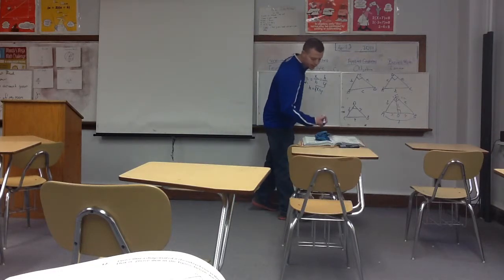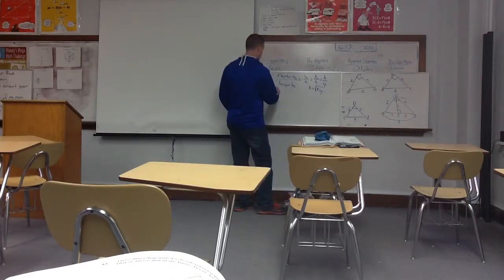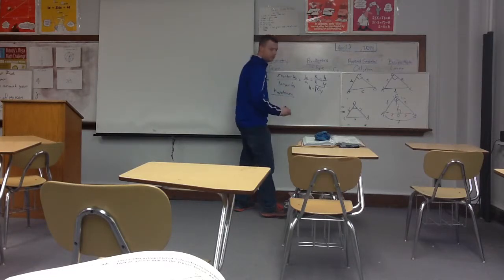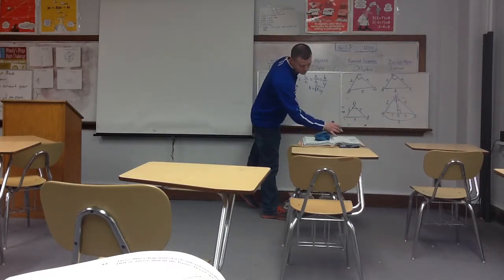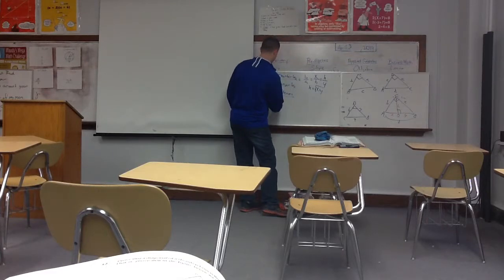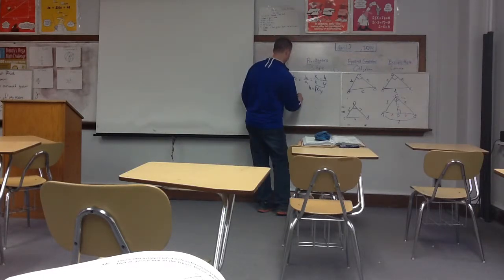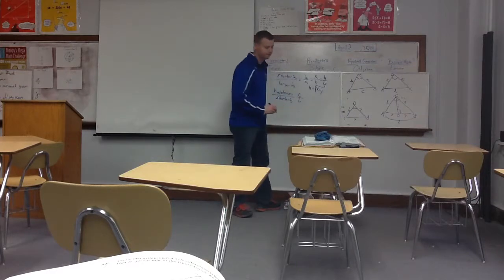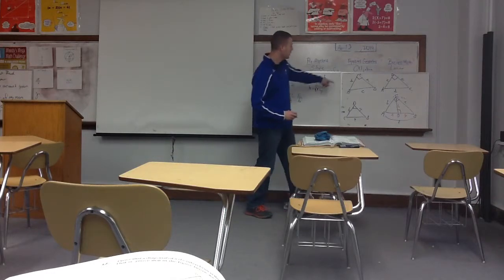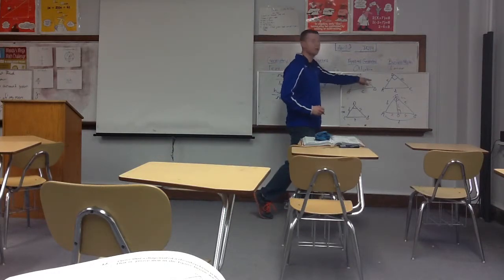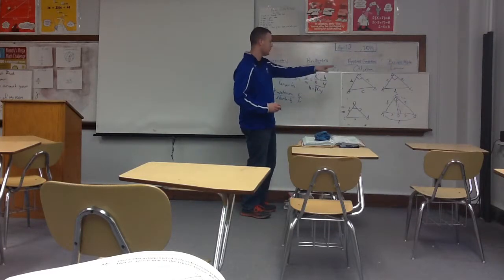Alright, and then if you look at another way to do this, you can do hypotenuse over the shorter leg, which is C over B. We're always going back to this triangle here, and then going to the smaller ones.